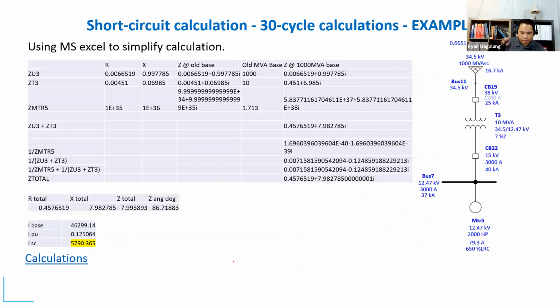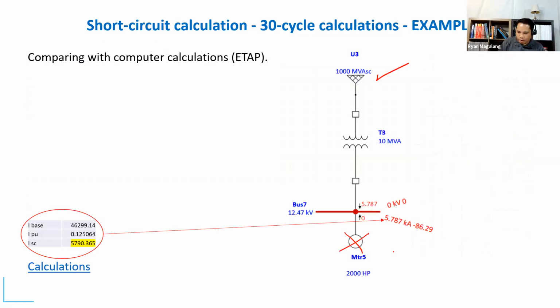So here, just for the sake of calculation, I should have just removed that motor from the network. But just to show that we're still using the same formula, I modeled the motor impedance as very, very high or infinite impedance, essentially doing the same effect. So very high impedance means open circuit.